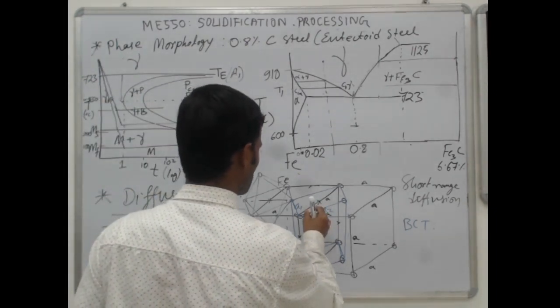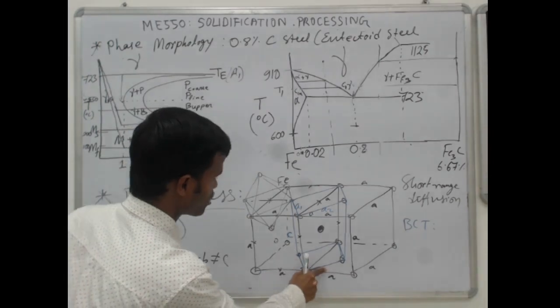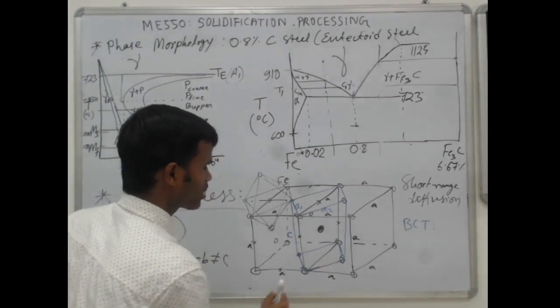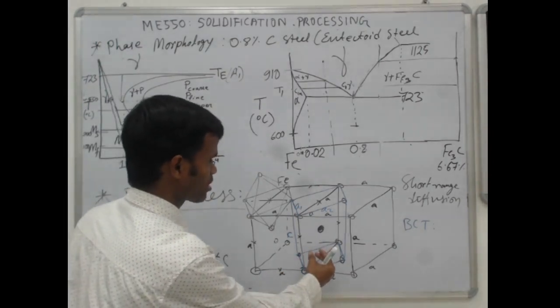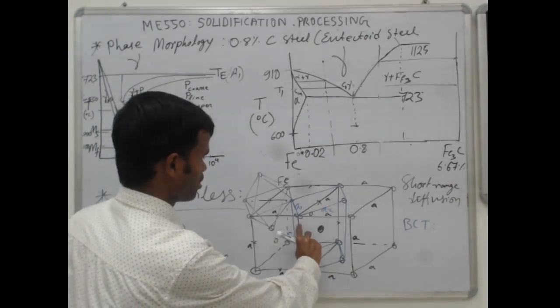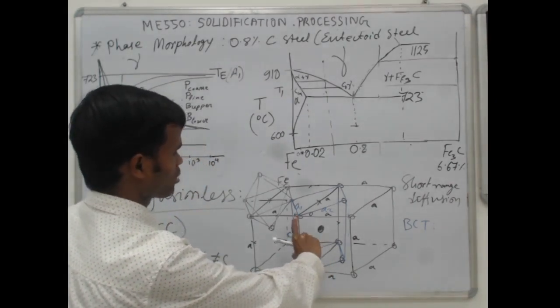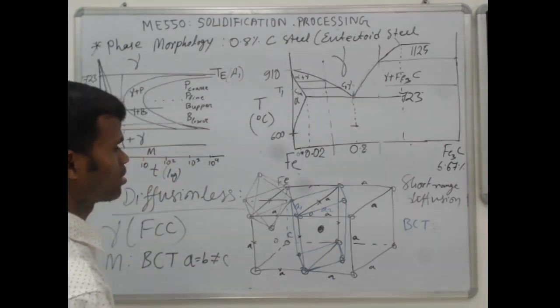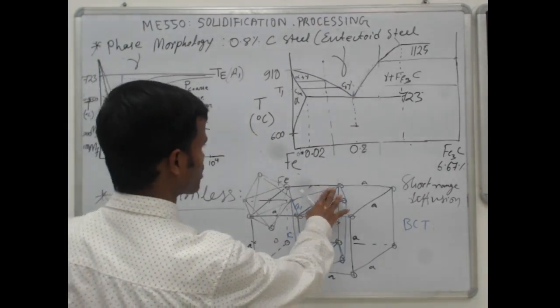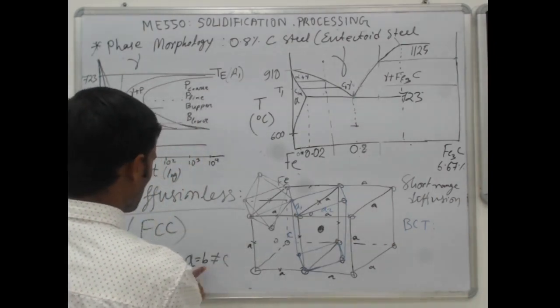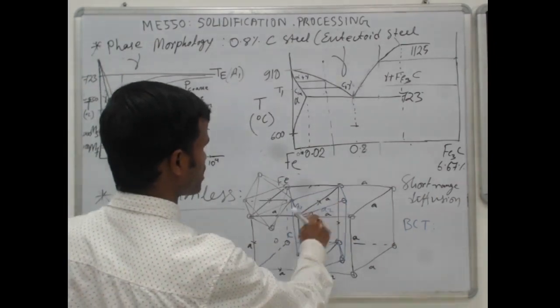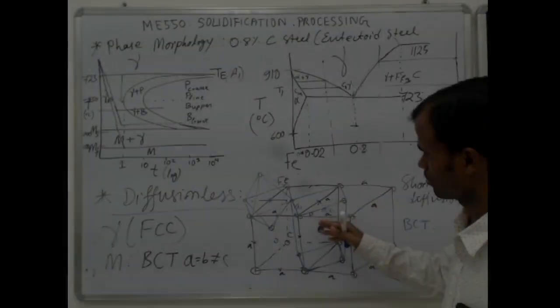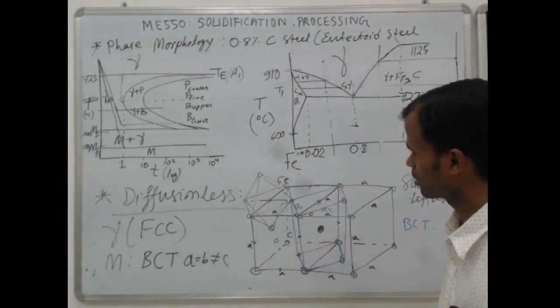A1 and A2 are almost similar in size, and they get expanded by almost 12% during martensitic transformation, and the C axis gets contracted by almost 20%. As a result, the C by A ratio decreases to 1.04 for 0.8% carbon steel, which is a characteristic value for martensitic crystal. This is how you get the BCT structure from the FCC.